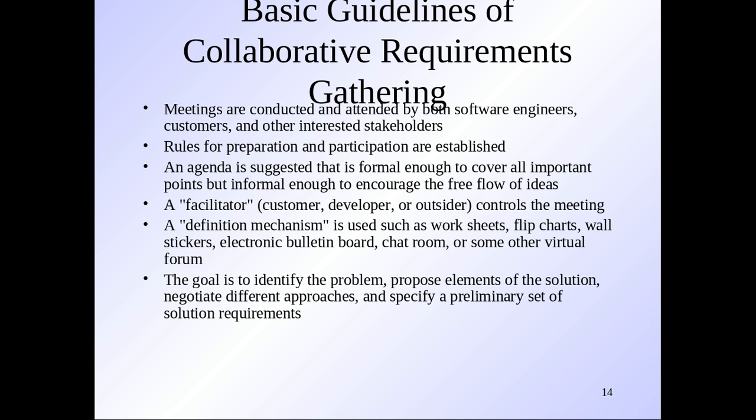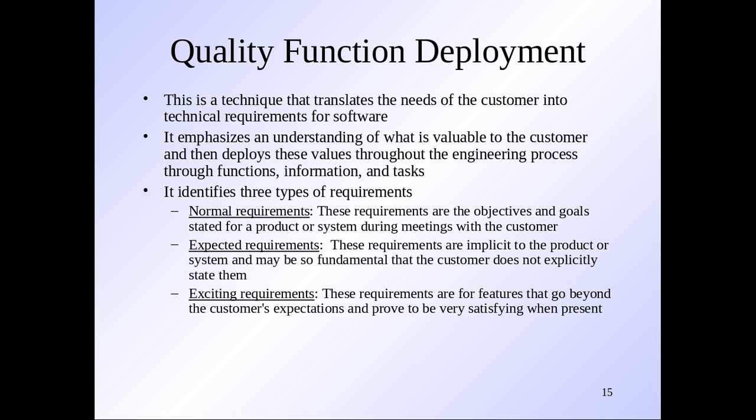Now, the goal of this initiation is to identify the problem, the purpose and elements of the solution, and it will specify the preliminary set of solution requirements. Next is quality function deployment. It identifies the types of requirements: normal requirements, expected requirements, and exciting requirements. All the requirements we have listed should be categorized into these three types.